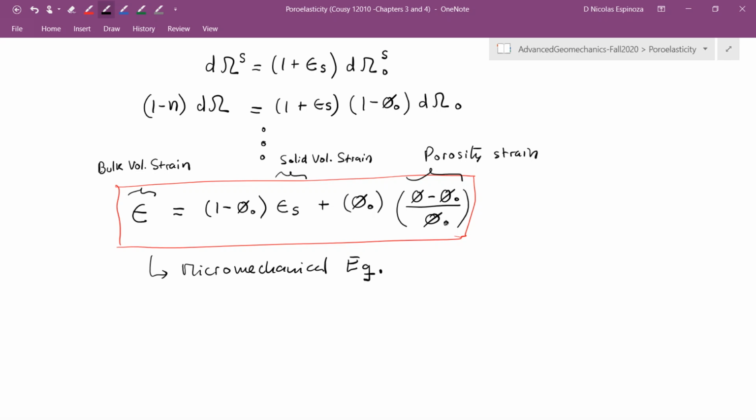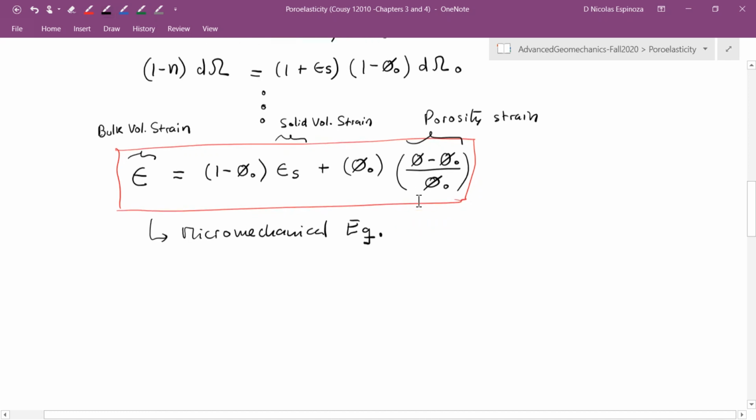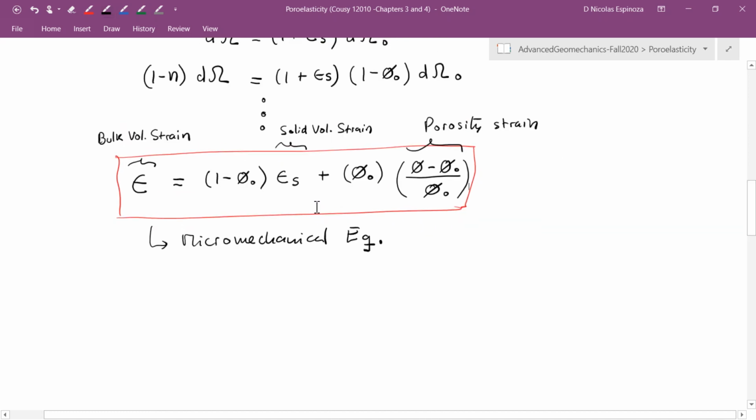All right, so now that we have this equation, you may question why I am keeping this initial porosity in the two terms. Actually, we don't have to keep it, but I just wanted to make it quite clear that this is a volume average, because it is linearly proportional to the volume fraction.